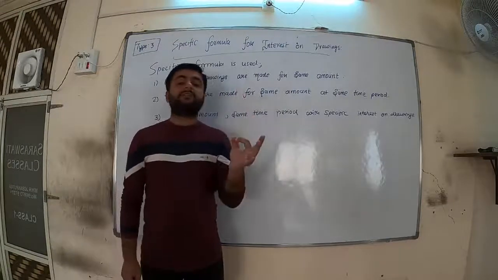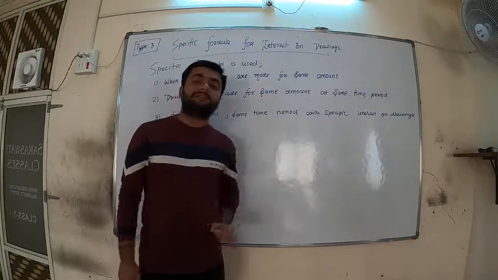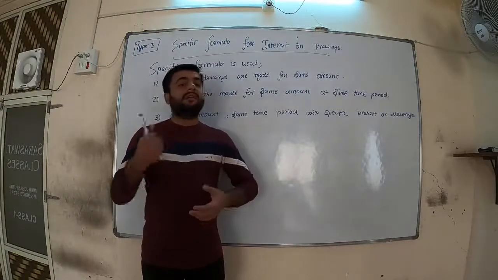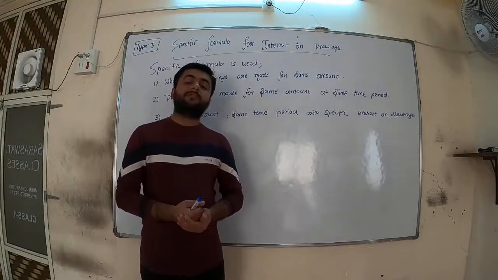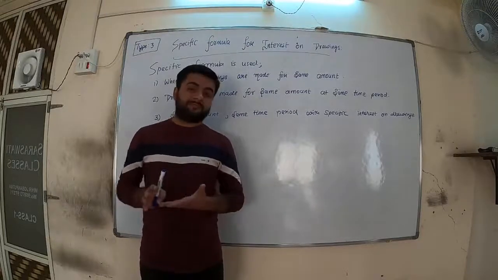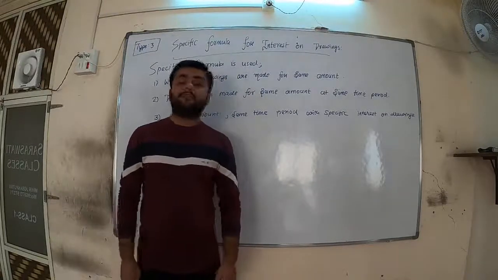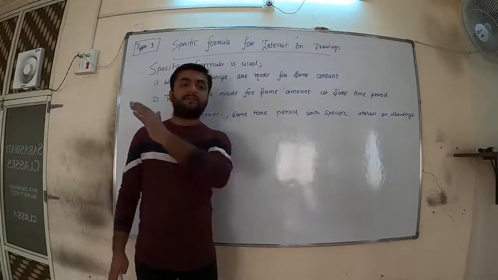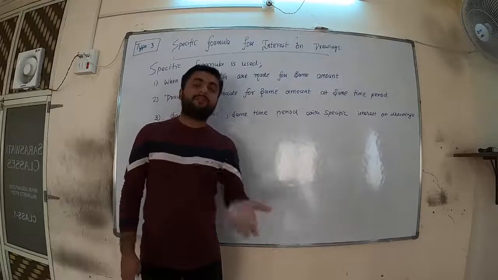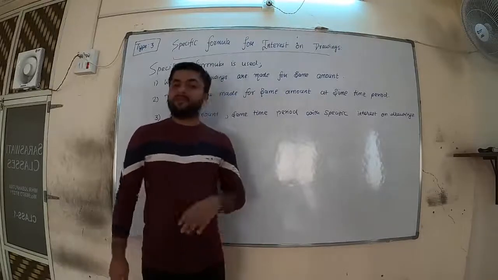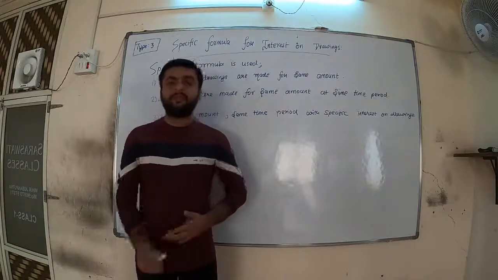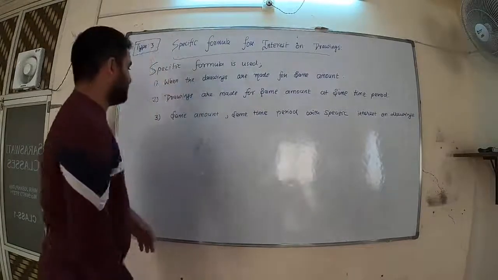If he has not withdrawn the same amount, this formula will not apply. If he has withdrawn the same amount but not at the same time period, means first he withdraws in the first month, then in the fourth month, that is not possible. If you are withdrawing every month, then every month. If every 2 months, then every 2 months. But most of the time in 12th standard we have each month. And specific interest is to be charged.